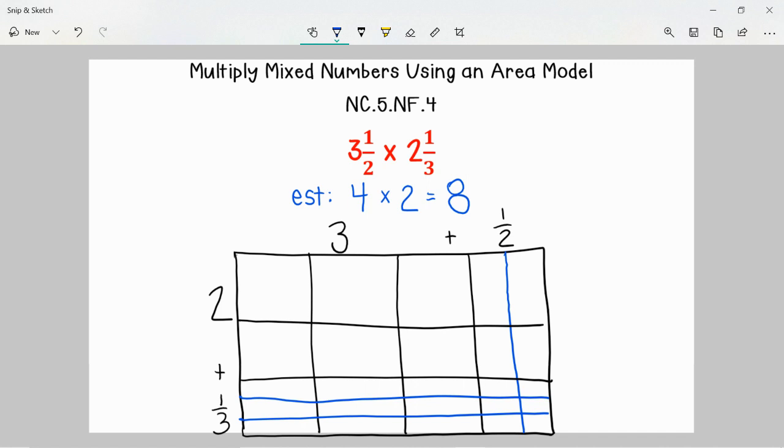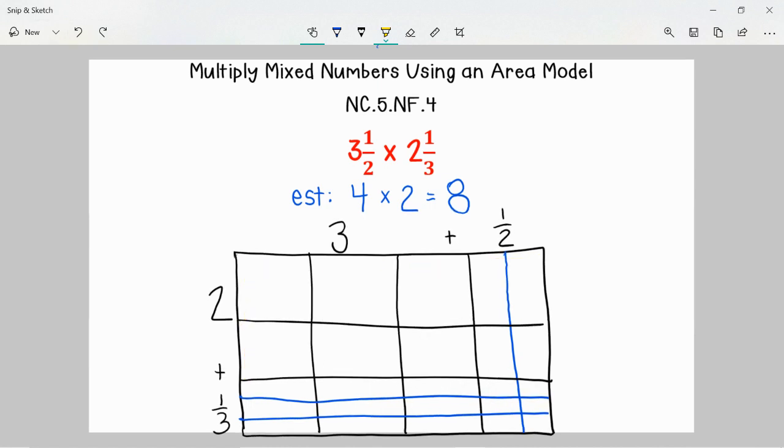First I'm going to outline the part that we're actually concerned with, because right now, if we weren't paying careful attention, this could look like a 4 by 3 array. And in that case, we would just multiply 4 times 3, which is 12. But we know that that is not what this is. This is 3.5 times 2 and 1/3.